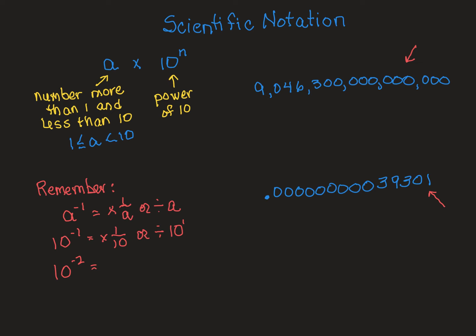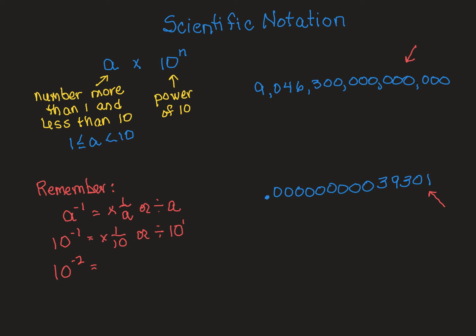I do want to look down at the bottom here in the red, and remember what we did in the last video with negative exponents. Remember that a to the negative 1 is the same as 1 over a, or divide by a.